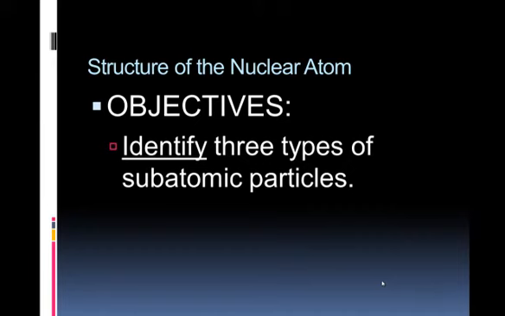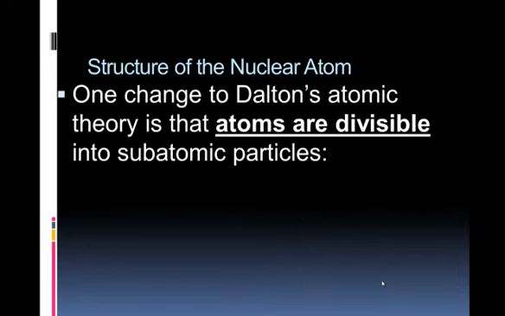Alright, so what we're going to do is get into the 3 subatomic particles. Sub, remember, means below, like submarine. Atomic is the atom. Particles just means little pieces. Dalton was pretty much right. The only thing he had wrong in his theory was when he said that atoms could not be divided anymore.